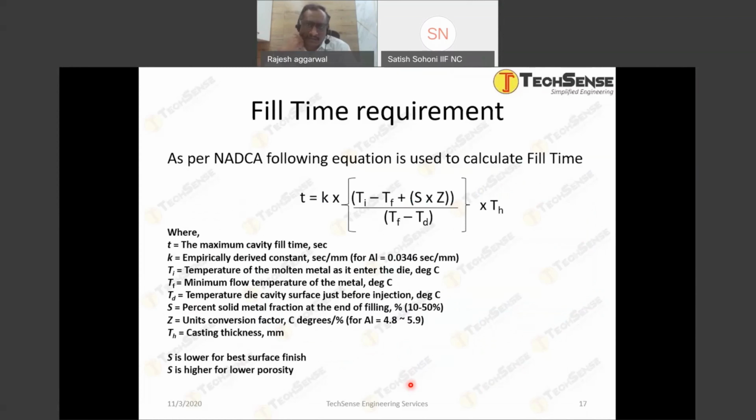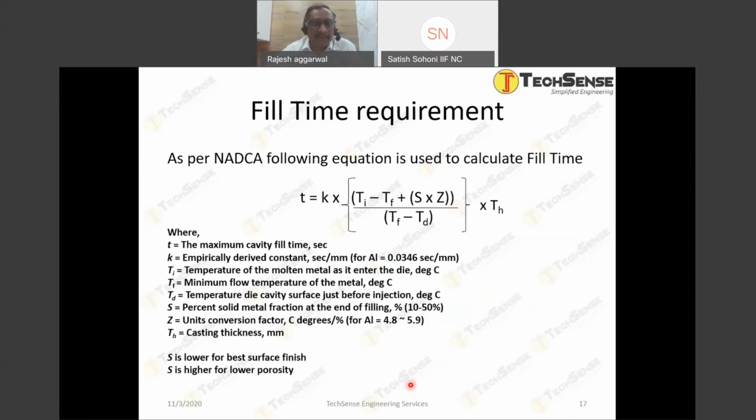Also, considering this basic heat transfer equation, NADCA defines the fill time requirement with the equation shown over here. If you see this equation, it mostly consists of temperatures, some constant factors, the casting thickness, and some percentage solid metal fraction, die temperature, liquid metal temperature, and so on.